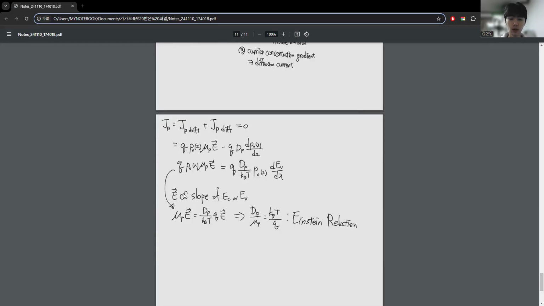The electric field is proportional to the slope of the conduction band or valence band. So mu p E equals Dp over kT times qE. So Dp over mu p equals kBT over q. This equation is the Einstein relation. Thank you.